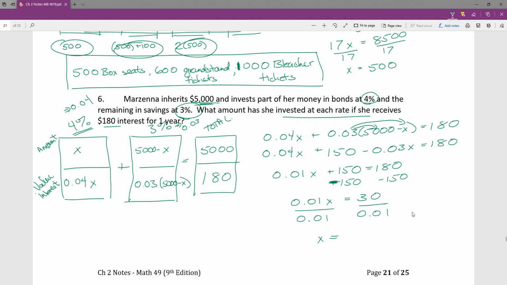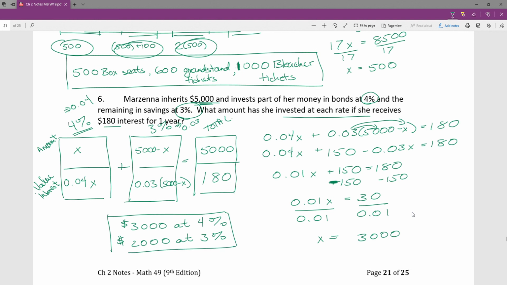And I get a final answer of 3,000. Now, that is then $3,000 at 4% and $2,000 at 3%. Because I did the 5,000 minus 3,000 as my answer.